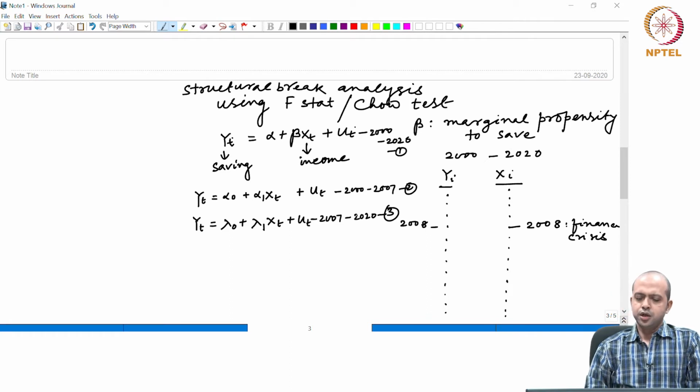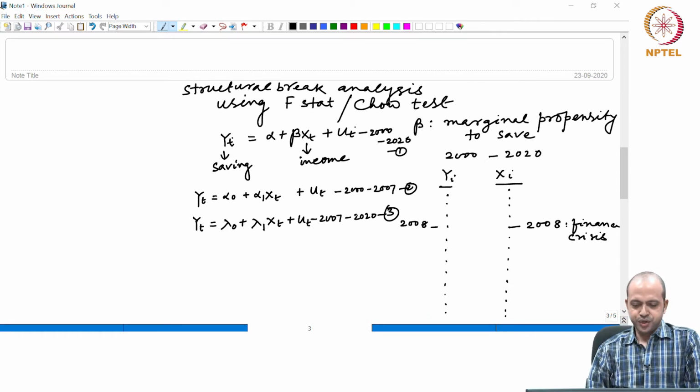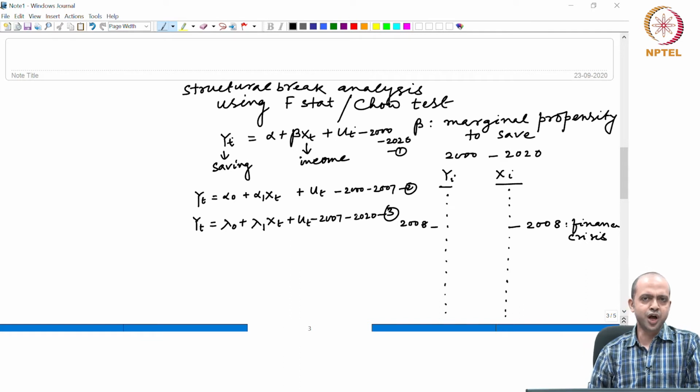Now, out of these three models, we are going to apply the F-test, and the F-statistic will always require restricted RSS and unrestricted RSS. So out of these three models, we have to identify which is our unrestricted model and which is our restricted model.